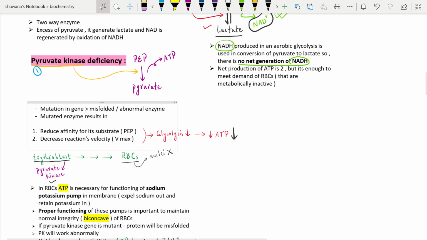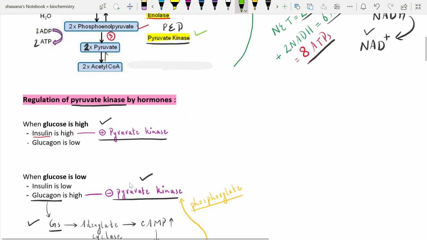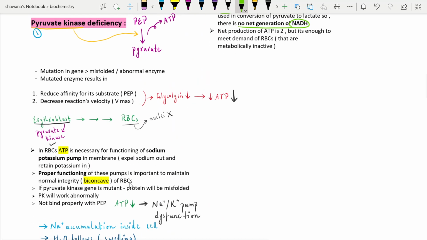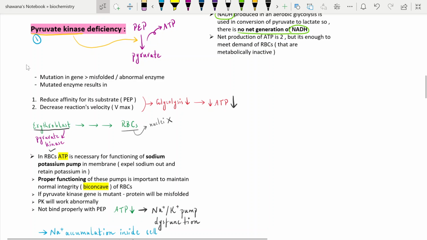The next important topic is pyruvate kinase deficiency. We are talking about this enzyme. Pyruvate kinase deficiency can result in anemia. How does it occur? Let's talk about some pathophysiological mechanisms. Pyruvate kinase is used to convert phosphoenolpyruvate to pyruvate and yields 2 ATP molecules in this step.